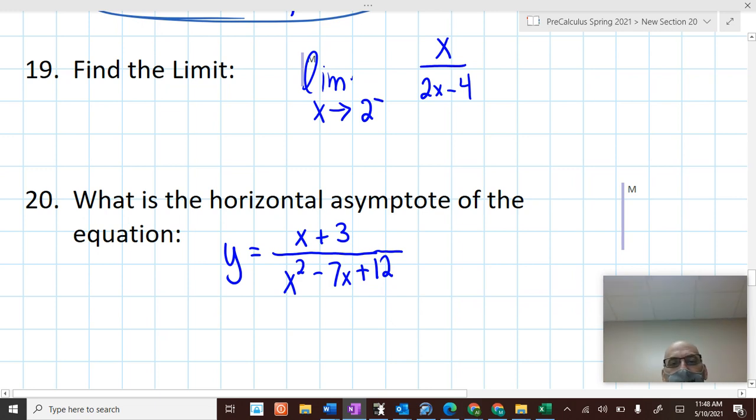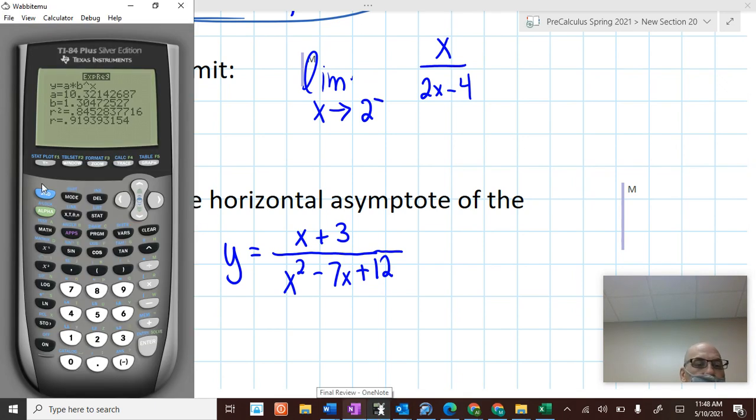Find the limit. Well, I would graph this one. x over 2x minus 4. So x divided by parentheses 2x minus 4 parentheses, and then push graph.